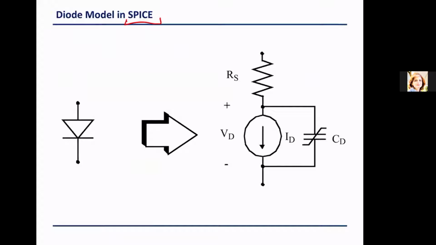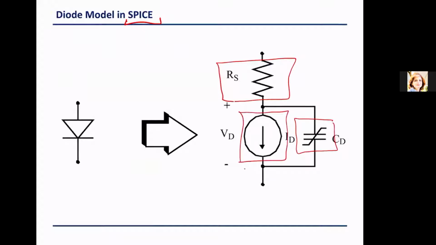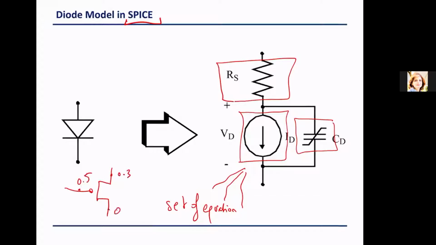In the SPICE model, all the transistors or all the diodes or all the models are really simplified to basic elements, like some resistance, some variable capacitance, and some current source whose current can be modeled by a set of equations, okay? And at any given point of where the transistor is operating, let us say as I am simulating, this is 0.5, this is 0.